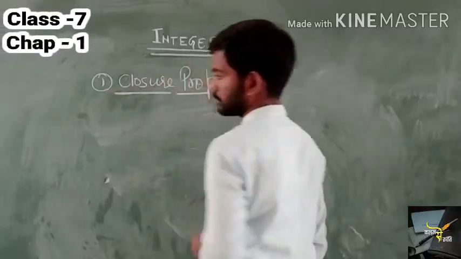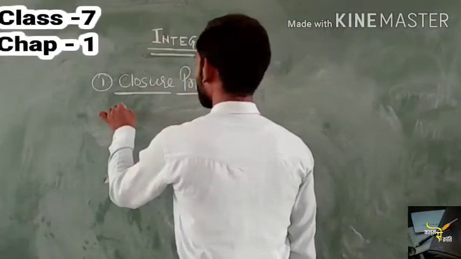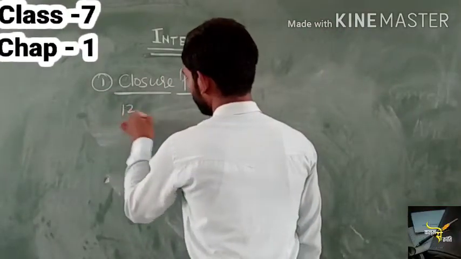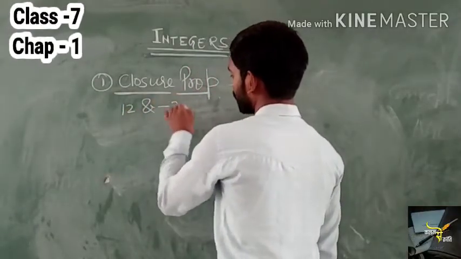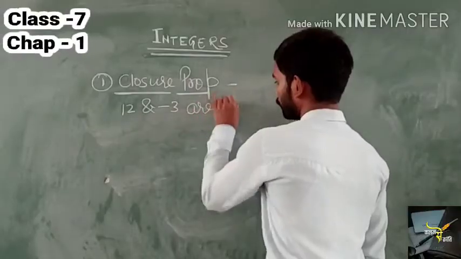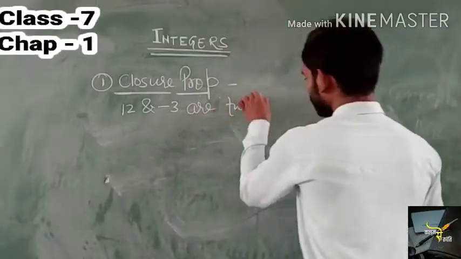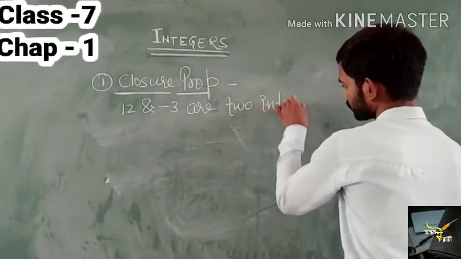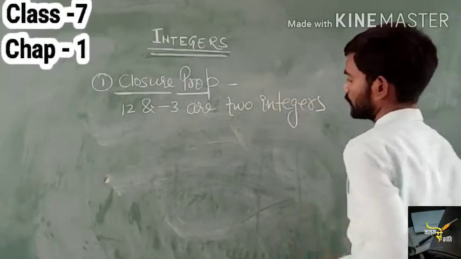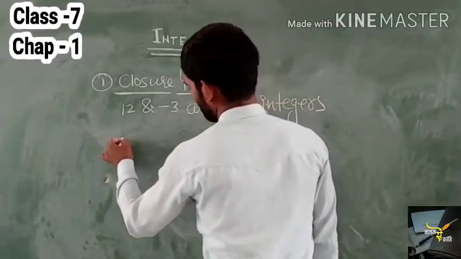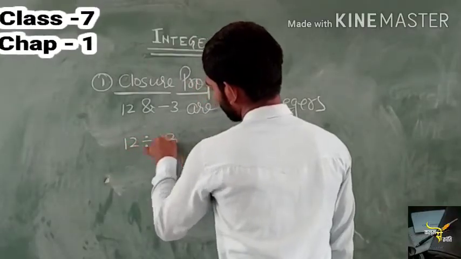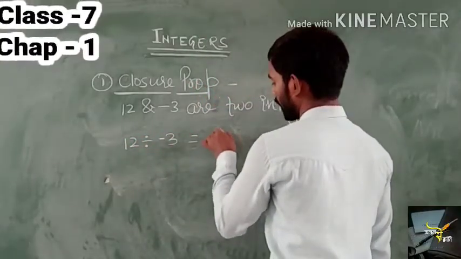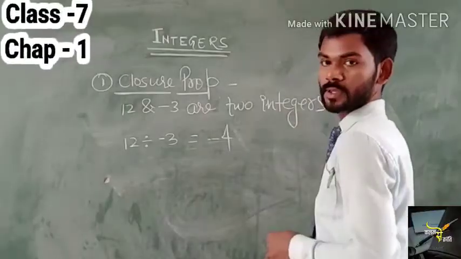Closure property. Just suppose that 12 and minus 3 are two integers. Then 12 divided by minus 3 is equal to minus 4.